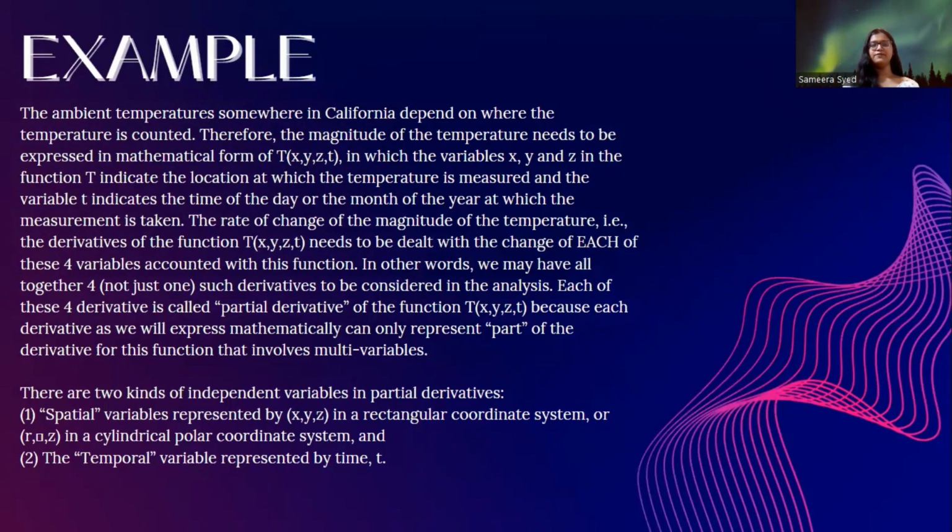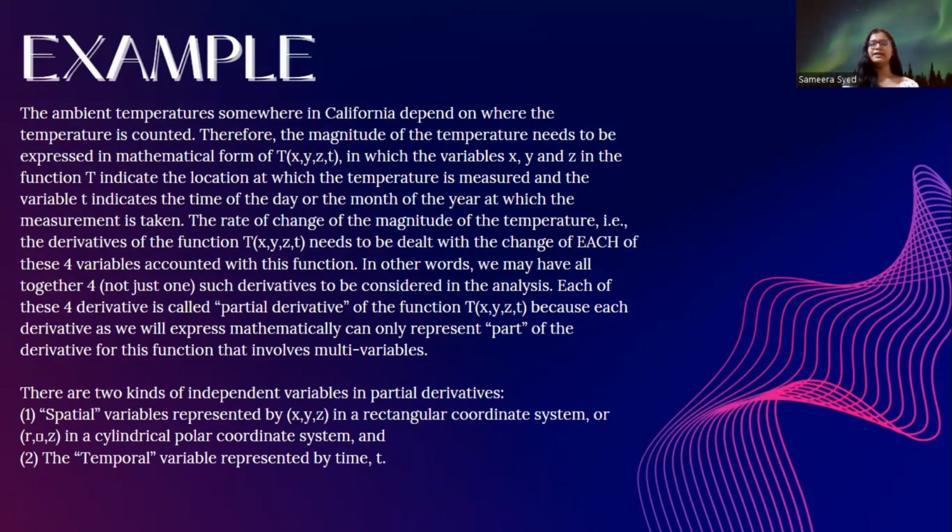The rate of change of the temperature, for example the derivative of the function T(x, y, z, t), needs to be dealt with by accounting for the change of each of these four variables. In other words, we may have altogether four such derivatives to be considered in the analysis. Each of these four derivatives is called a partial derivative of the function T(x, y, z, t), because each derivative can only represent part of the derivative for this function that involves multiple variables.